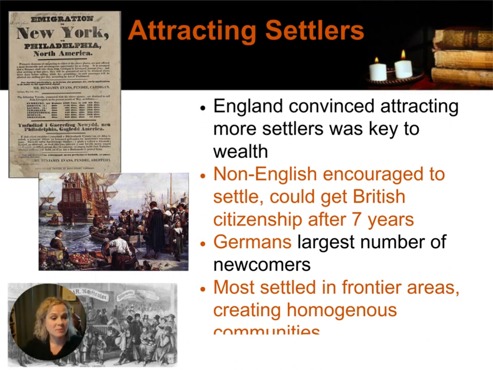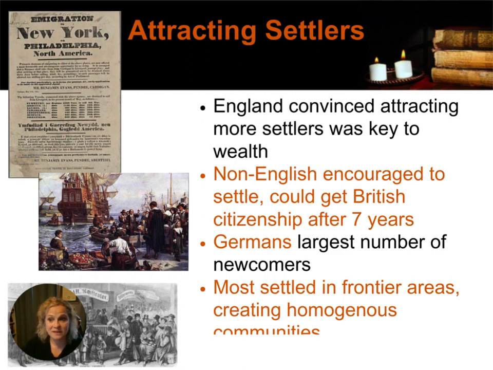Most of the people that settle in the frontier area, and what I mean by that is not the West like we think of the West today. It's the western part of the 13 colonies. So the western part of Pennsylvania, the western part of Virginia. That area was Indian territory. There were Native Americans that were there, and so it was quite dangerous for settlers to go out there. But it could be quite lucrative for them if they could survive that.